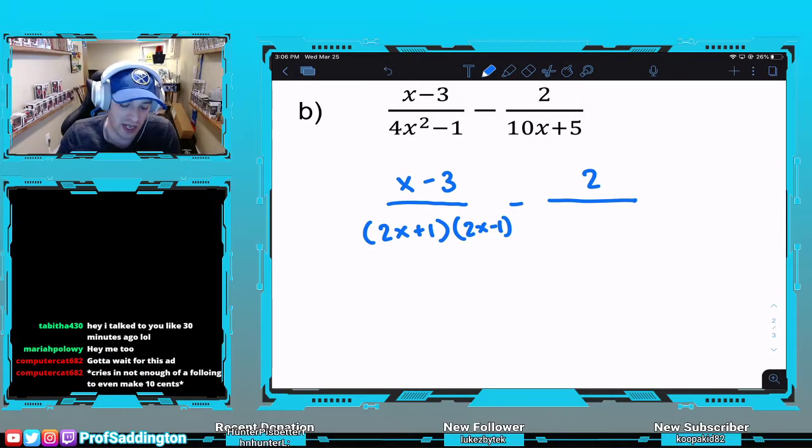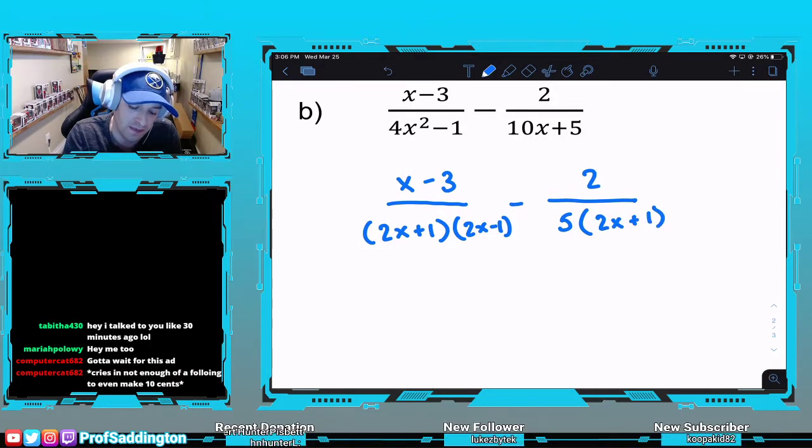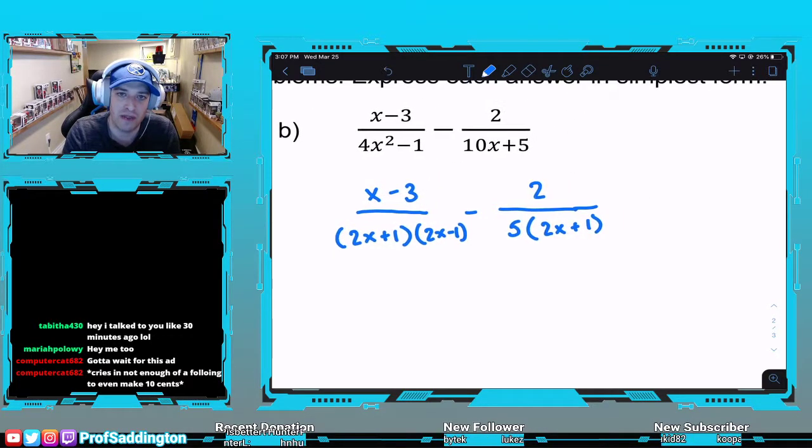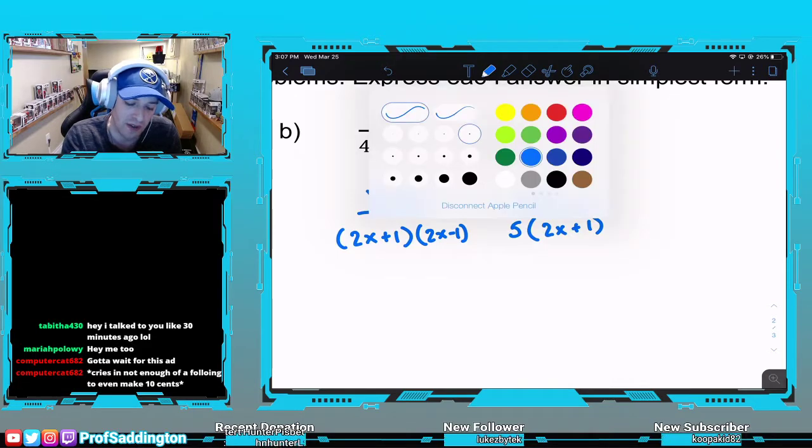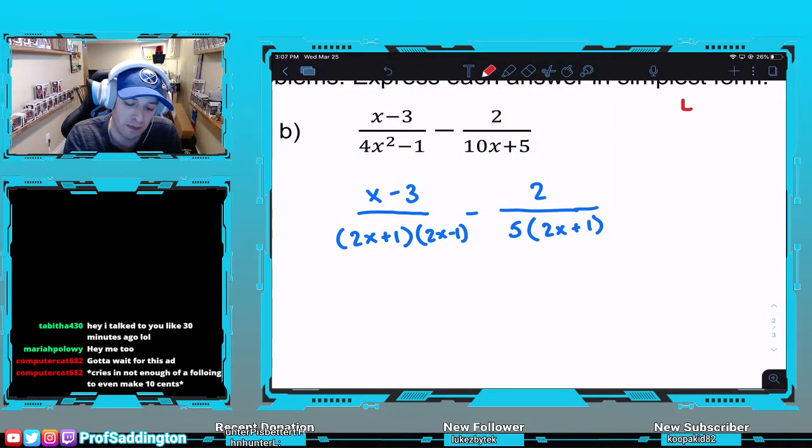And then we have to do the second denominator, and it looks like we could factor 10x plus 5 using GCF. So I'm going to pull out a 5, and I'm going to be left with 2x plus 1. Now, when you guys go to find an LCD, the first thing that I will always tell you to do is find what you already have in common.